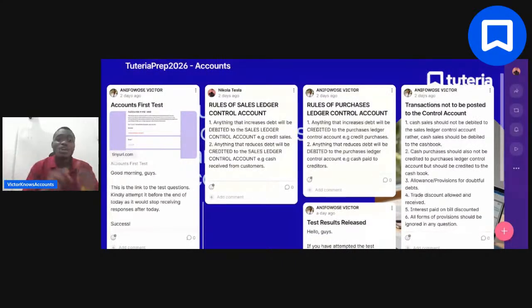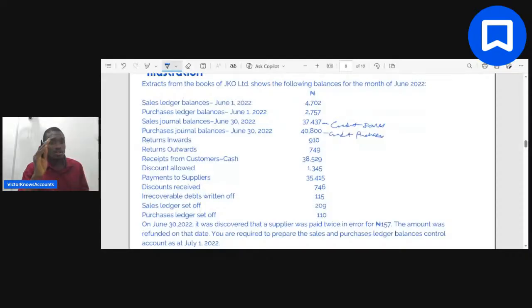Is it going to increase the indebtedness of our debtor? Then we debit it to the sales ledger control account. If it's going to reduce the indebtedness of our debtor, then we credit it. We are using the same format.